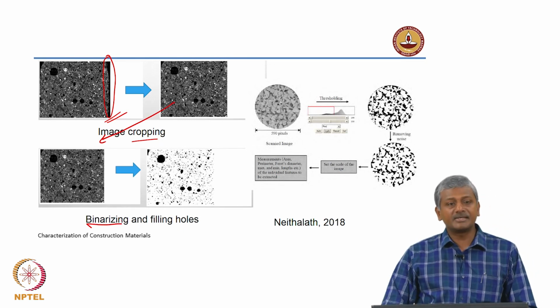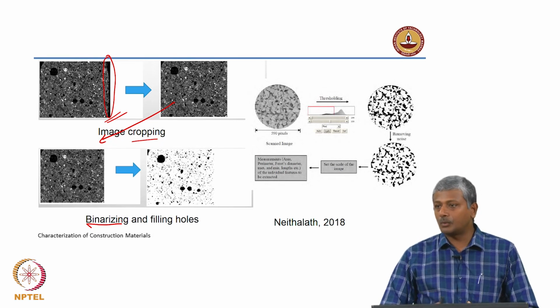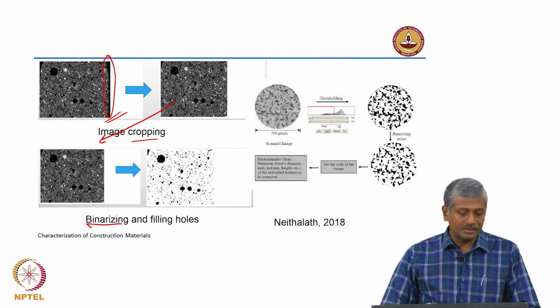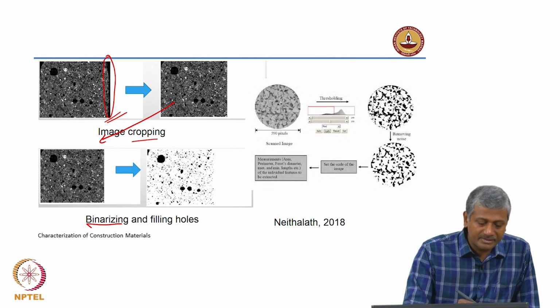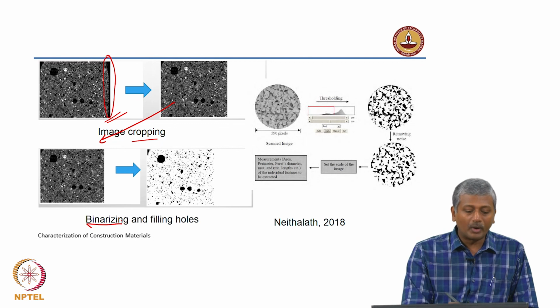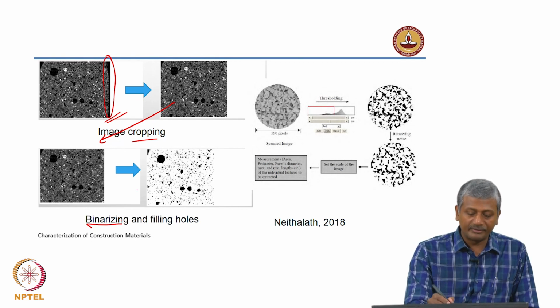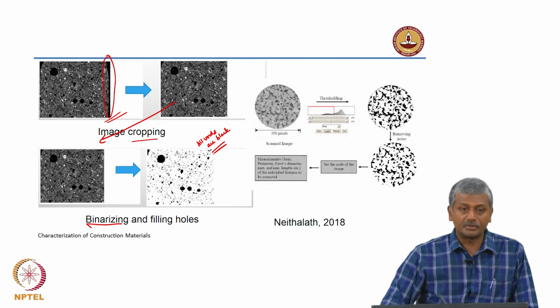What is binarizing? You either completely convert things to black or to white. So, you are just binarizing, and what happens as a result of binarization is you get a complete white for all the non-void faces. All voids in this image are black in this image. Okay.